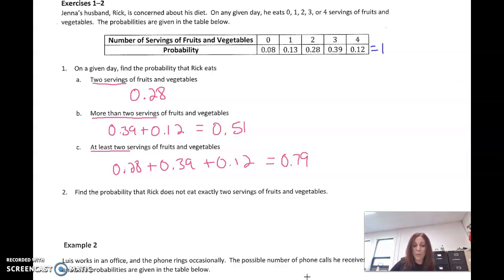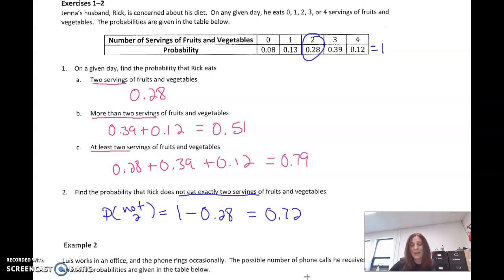So if I want to find the probability that he does not eat exactly 2, I'm just going to say not 2, I can go 1 minus the 2. I can add all of these up, or I can just go 1 minus 0.28. And when you do that, you get 0.72. If I were to add these 4 up, I'd get 0.72. So it's just kind of a shortcut way.